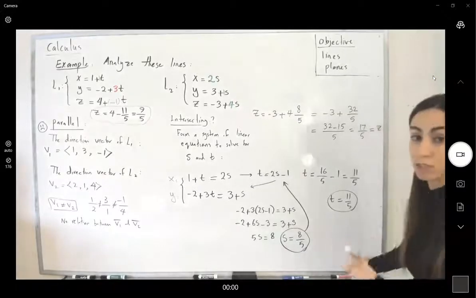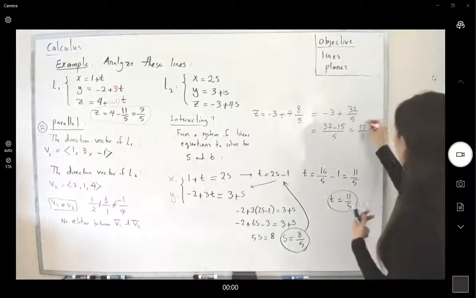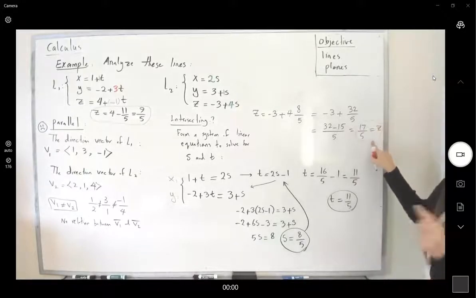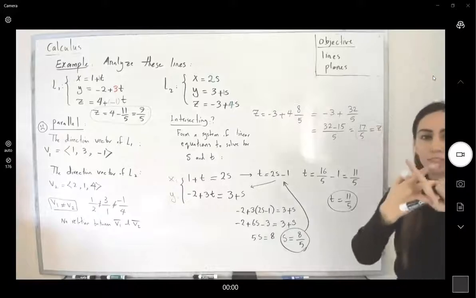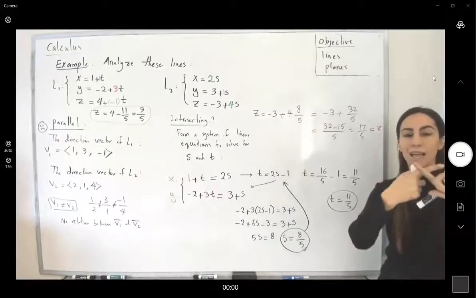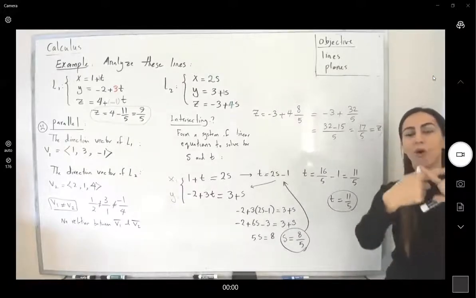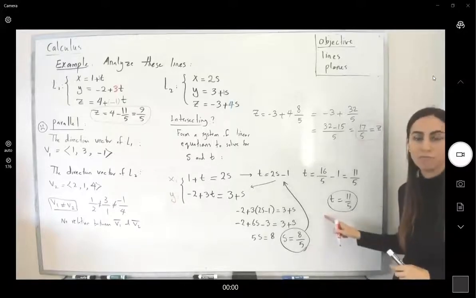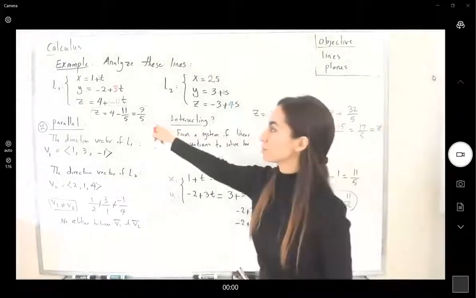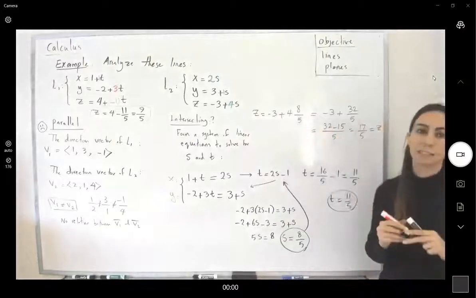Okay, what is wrong? You got two different z values. If the point of intersection is here, it must have the exact same x, y, and z. I found s, I found t, and it gives me a different z value.